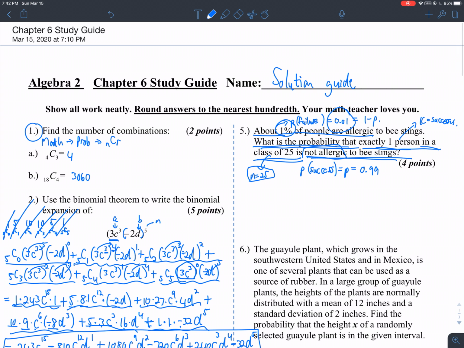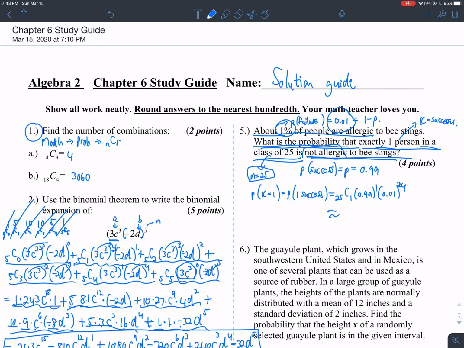And so we're asking, what is the probability that K is 1, or the probability of 1 success. And we can fill in our binomial probability formula. Okay, it's given to us. And so we have 25 choose 1, probability of success to the number of successes, probability of failure to the number of failures. Okay?